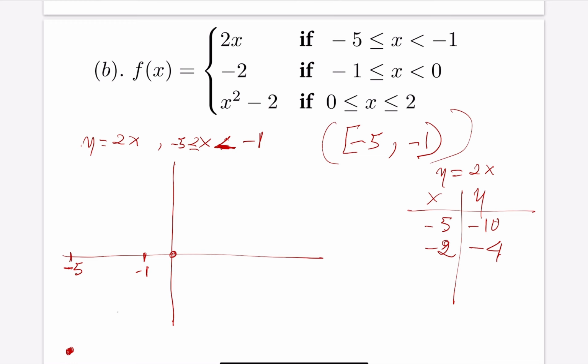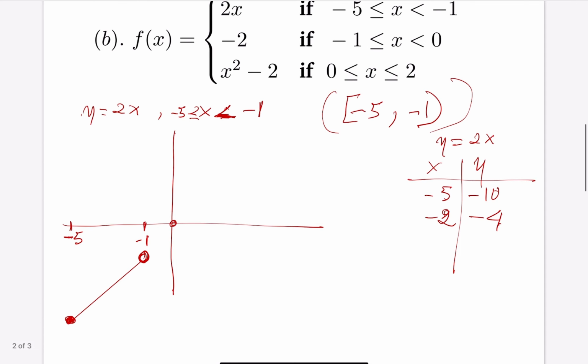So now you just draw this one, and make sure here is an open circle and here is closed. So now the next one is the next piece.